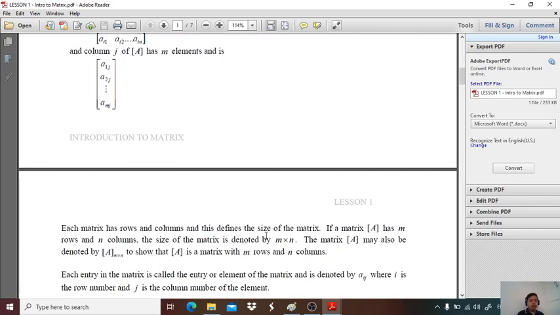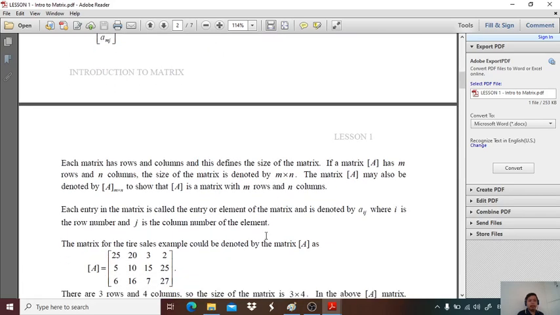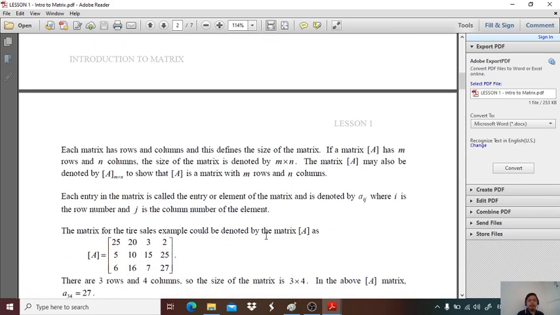Next, each matrix has rows and columns, and this defines the size of the matrix. If matrix A has m rows and n columns, the size of the matrix is denoted by m by n.